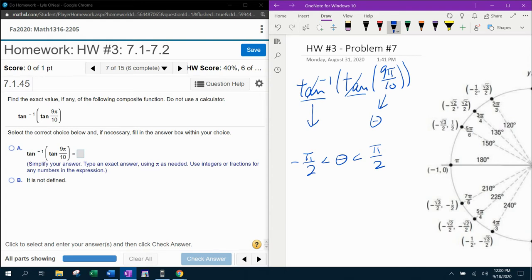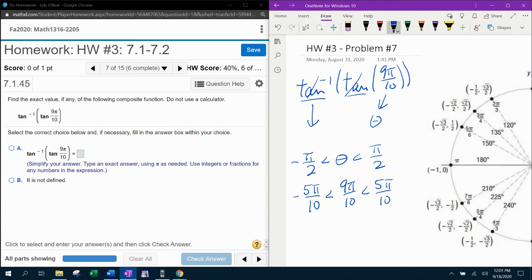Well, we're going to need common denominators to effectively compare here, okay? So pi over 2, if I convert that to tenths, that's going to be 5 pi over 10, 9 pi over 10, and this also is going to be 5 pi over 10.